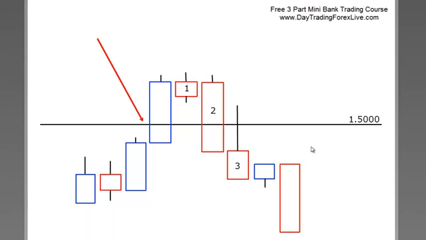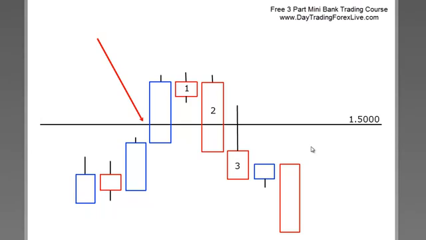Don't get stuck on the candle pattern. Chasing these candle patterns is going to result in the same losses that you've probably experienced with any other candle pattern based trading strategy. So again, focus on the principle. When it comes into that high probability point, is it breaking it and quickly getting rejected back down below it?